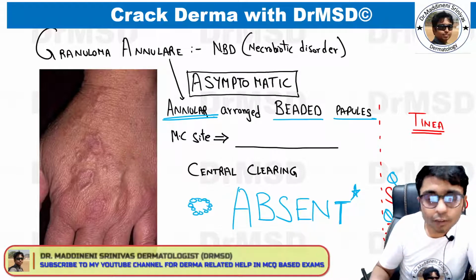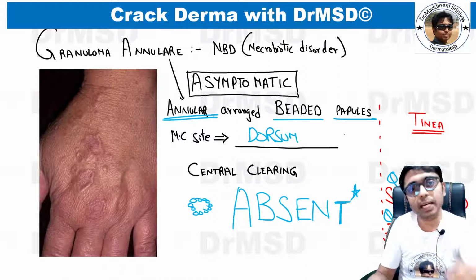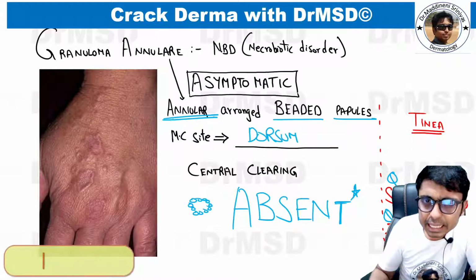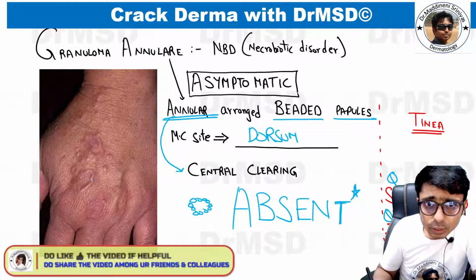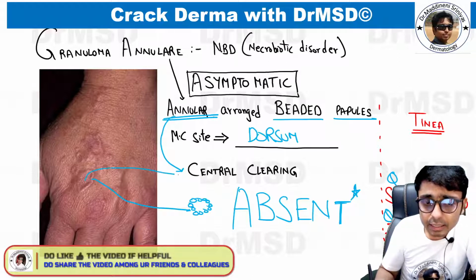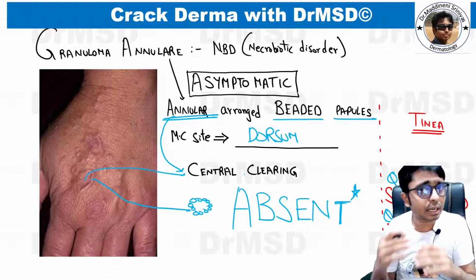The most common site, as is obvious from the picture, is the dorsum of the hand. As this is an annular lesion, there is central clearing: this is the raised rim, and this is the central part, which is clear and normal without any lesions.